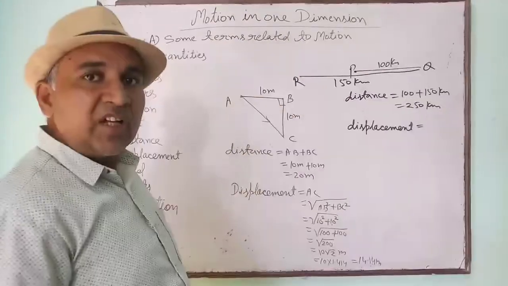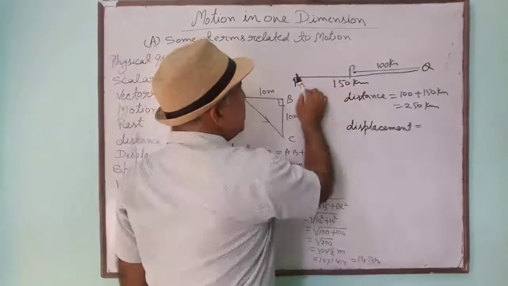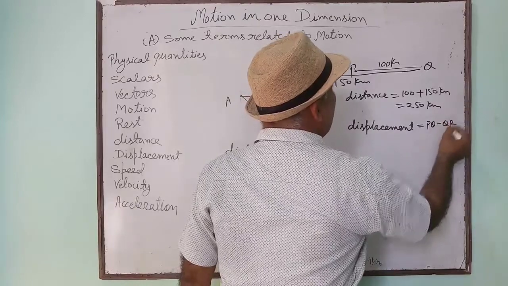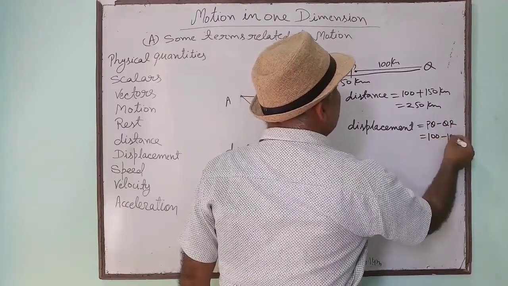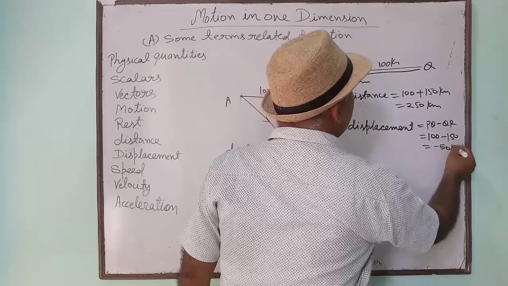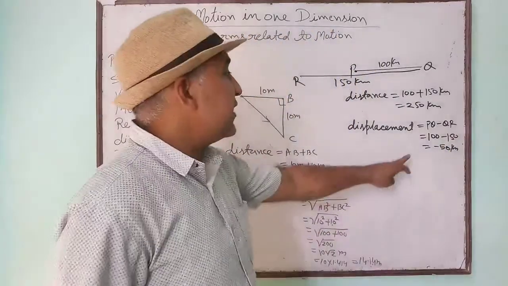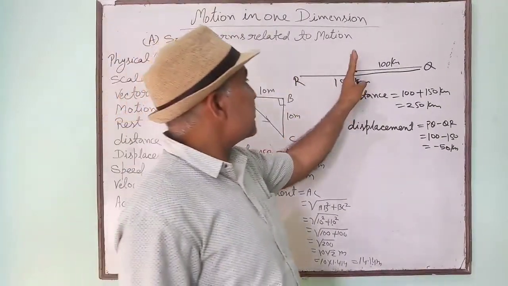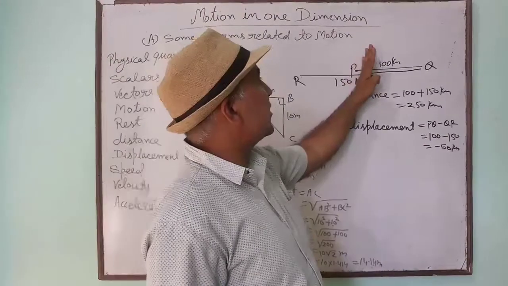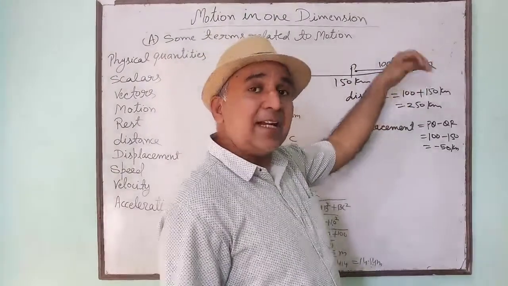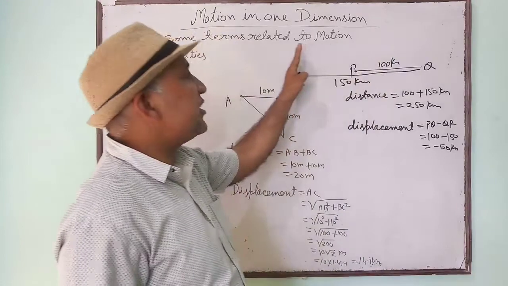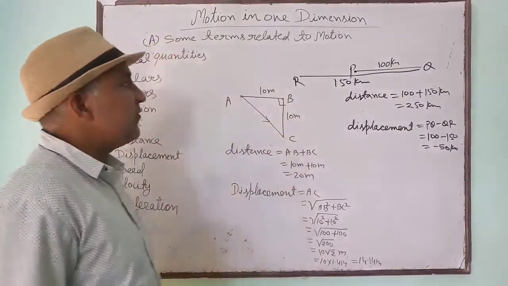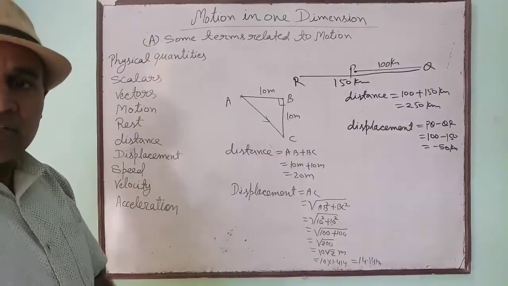Here the displacement is the distance between P and R. So how will you find it? PQ minus QR, which is 100 minus 150, means minus 50 kilometer. The minus sign is denoting the opposite direction of the motion. In starting from the point P, the object goes in the direction of Q, but finally it was opposite to P, and that is why there is a negative sign here. Understood? In this way, we are able to find the distance and displacement.